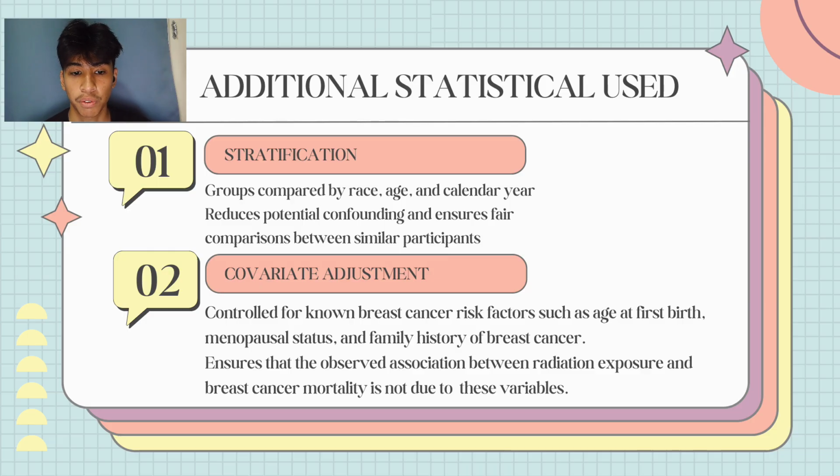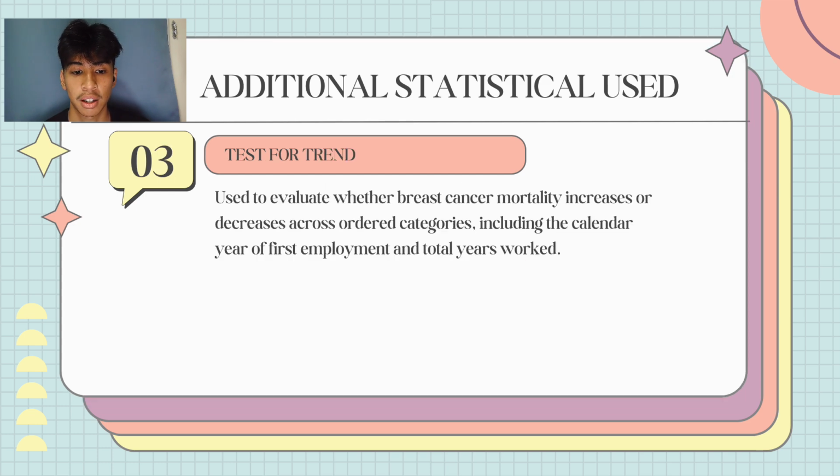Now going on to adjustment for covariates, the model also included adjustments for important breast cancer risk factors such as age at first birth, menopausal status, and family history to isolate the effect of occupational radiation exposure. Lastly, a test for trend was used to examine whether breast cancer risk increased or decreased across ordered categories, such as comparing earlier employment decades to later ones.